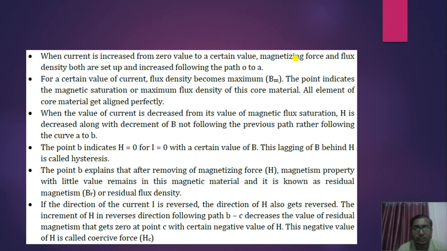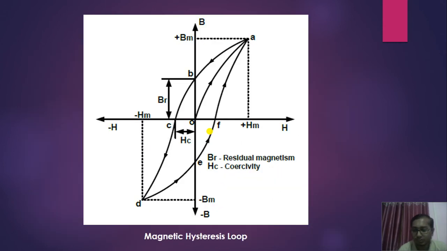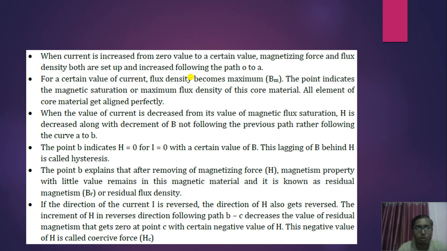After that, when the value of current is decreased from its magnetic saturation value, H is decreased along with a decrement of B, not following the previous path, but rather following the curve A to B. So you can see from here that the path is A to B. The point B indicates H equals 0 for I equals 0, with a certain value of B. This lagging of B behind H is called hysteresis.